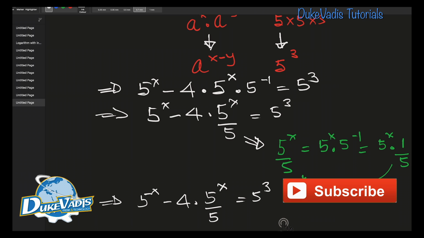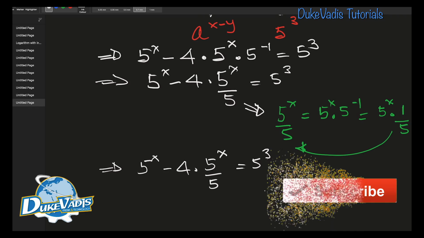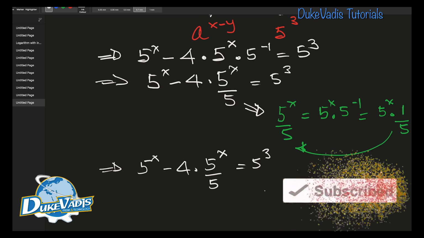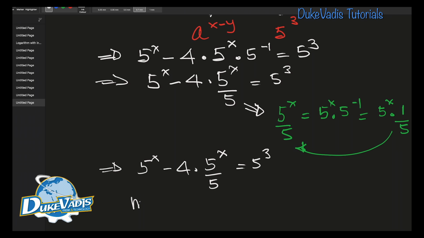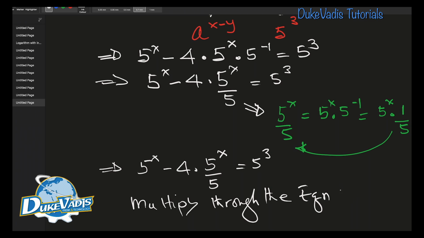So, to be able to simplify this equation in such a way that it will make it easy for us to sort it out, we have to multiply through the whole equation by 5.